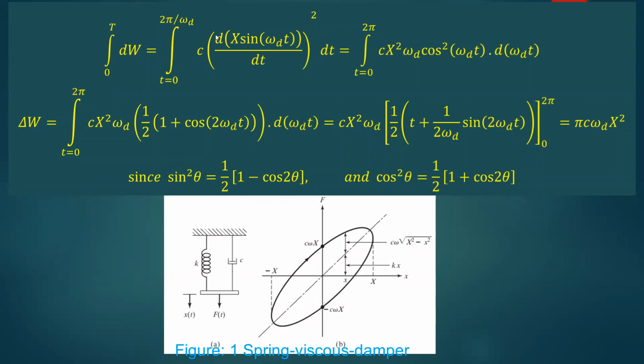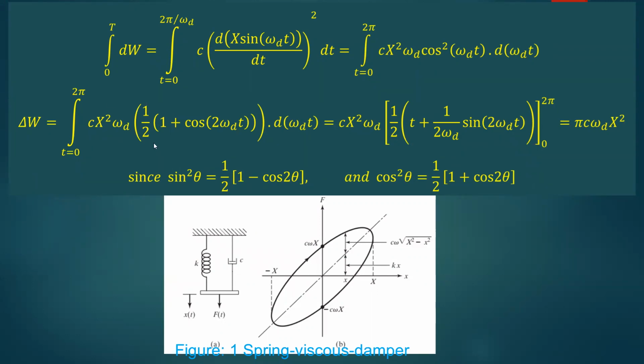So that is one complete cycle, the time taken to complete one damped oscillation. For that, we integrate the whole system and change the time domain of analysis to the frequency domain. This ωd t is the frequency domain analysis.